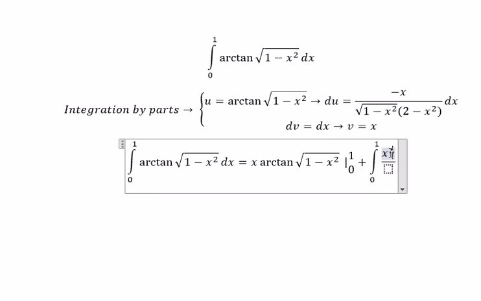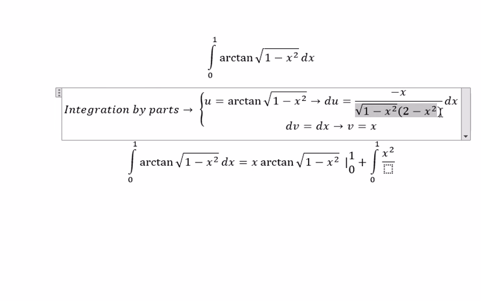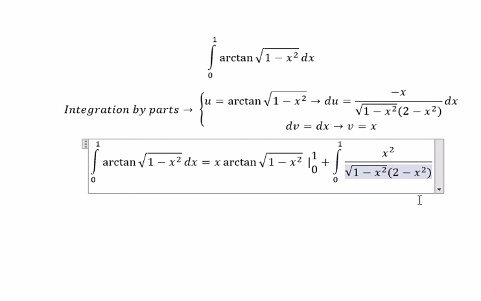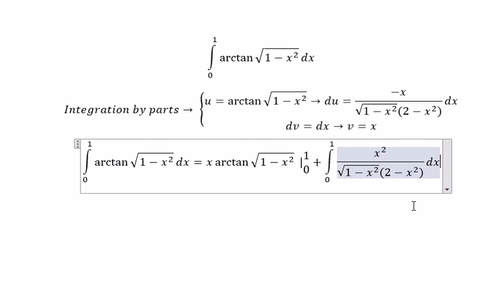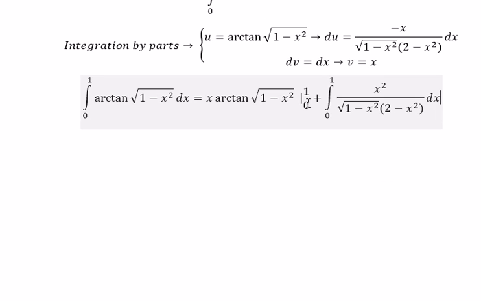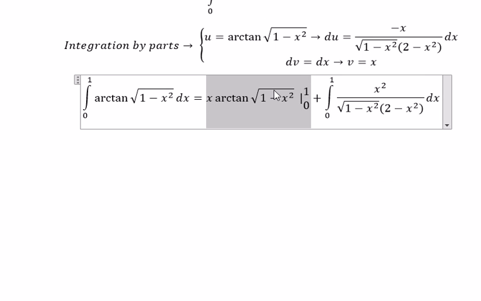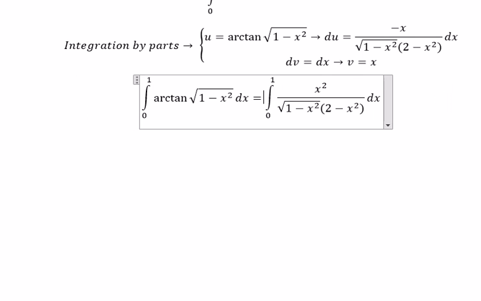We got s square over this one. If we look carefully at this one, we put number 1 in here, number 0 in here, you got 0. So we just have this one left.